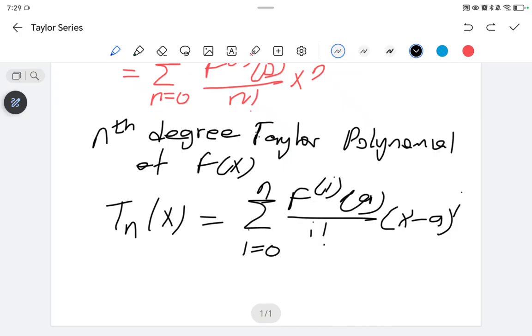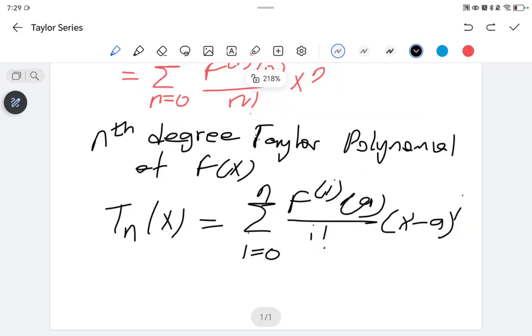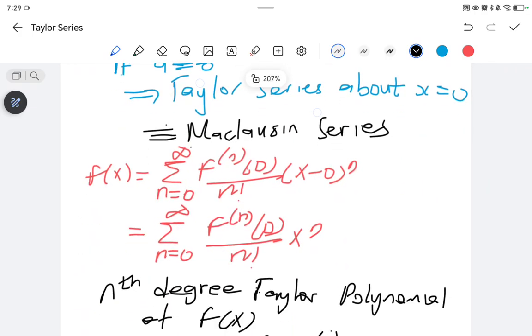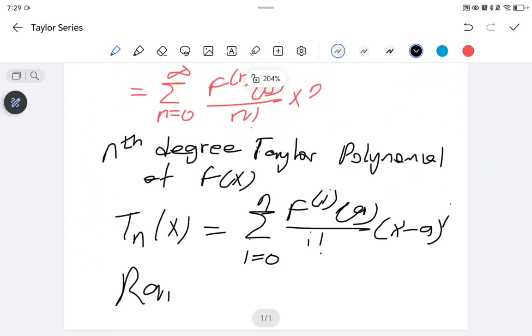Now we come to the remainder. This is the formula that we're going to use for the Taylor polynomial. For the application, we'll start with the Taylor series, then Maclaurin, then this nth degree Taylor polynomial.